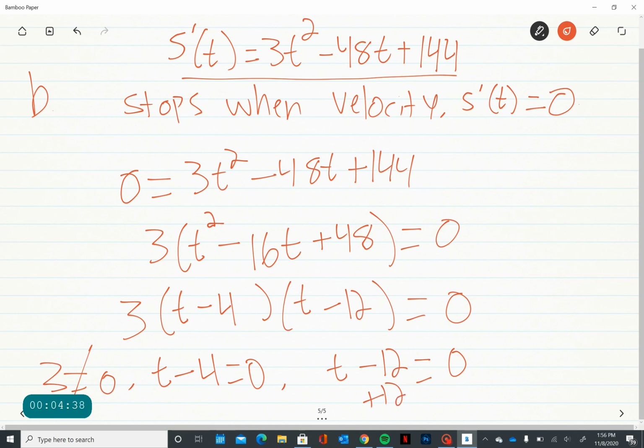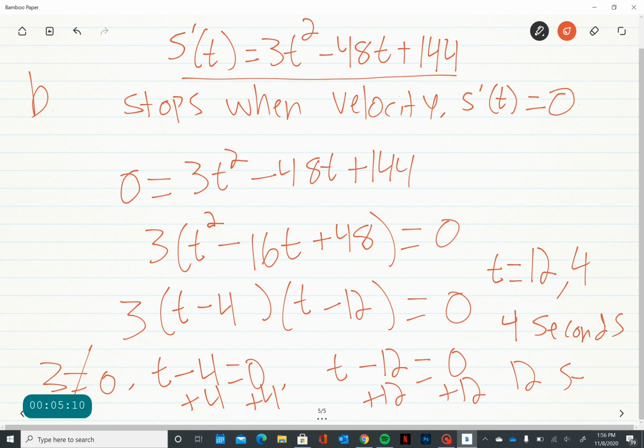Add 12 to both sides. Add 4 to both sides. So we're left with t equals 12 and 4. So this means that the object that it's talking about stops moving at 4 seconds and 12 seconds.